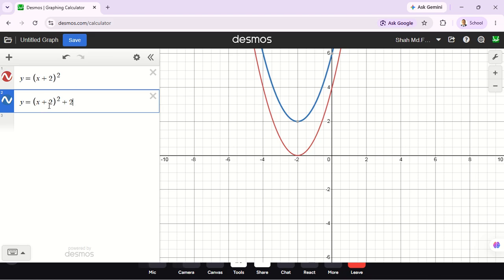Since it is x plus 2, it will move horizontally to the left. And then plus 2 means it will move vertically up 2 units. And if we put a negative sign, then along the y-axis the movement is positive 2 here, but for x minus 2, it will move to the right.